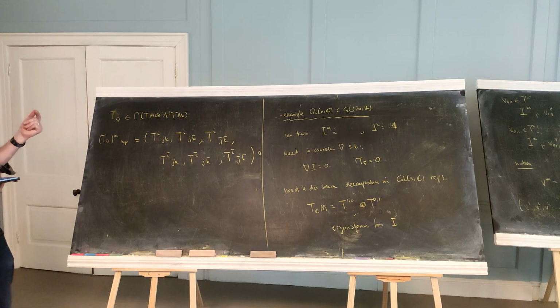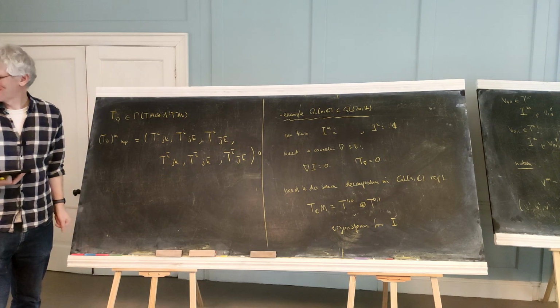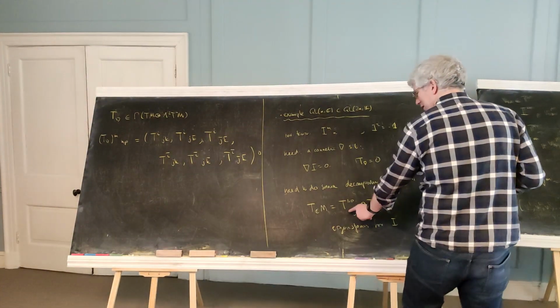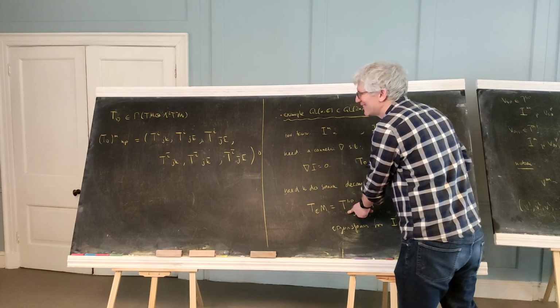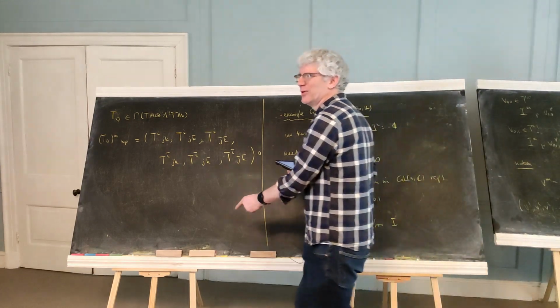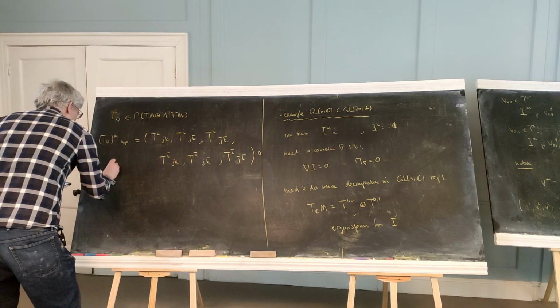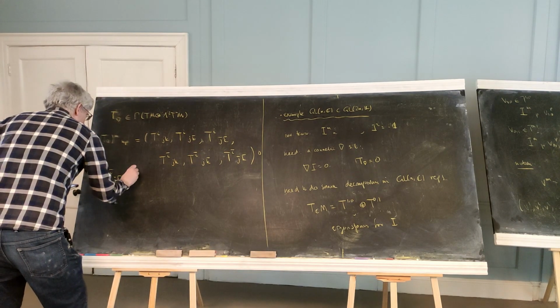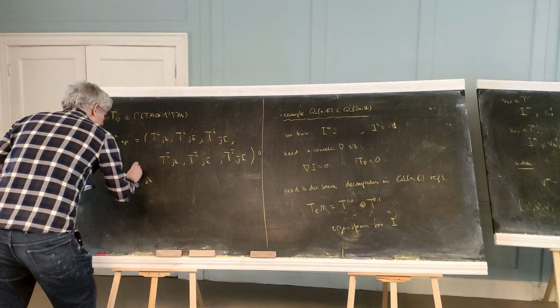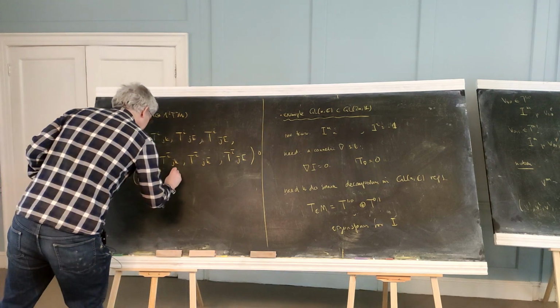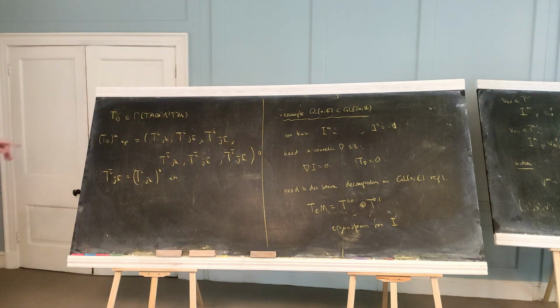To a mathematician, you would have to complexify. Physicists tend to think of this being real and then saying that this bit's the complex conjugate of that bit. A mathematician wouldn't quite like that, but that's the way we're going to think about it. So here, I can think of T, I bar, J bar, K bar as being the complex conjugate of that guy, etc. Okay, so that's the torsion. So for the torsion, we get 6 things.